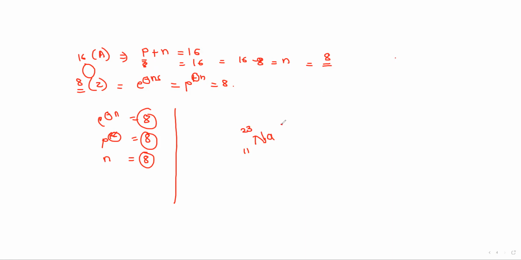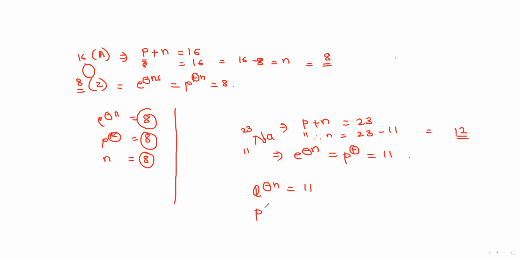As we already know, 23 is protons plus neutrons, and 11 means the number of electrons equals the number of protons, which is 11. So from this 23, protons are 11. Then how do we calculate the number of neutrons? 23 minus 11, which is 12. So here we get different numbers: electrons 11, protons 11, and neutrons 12.